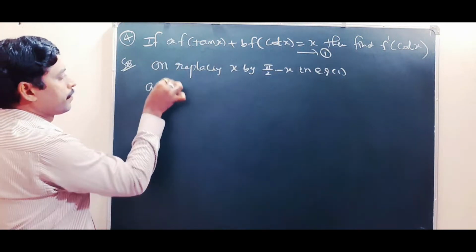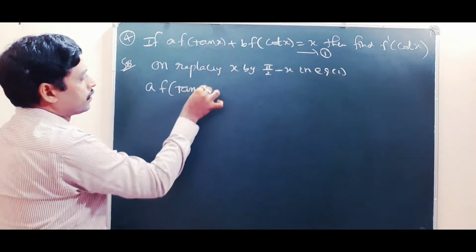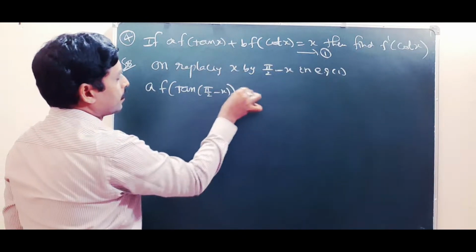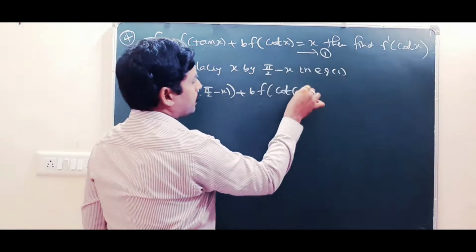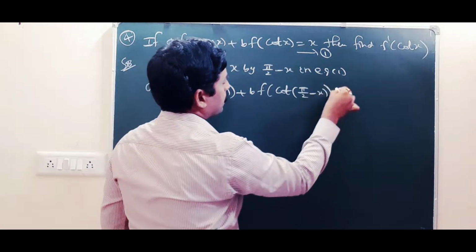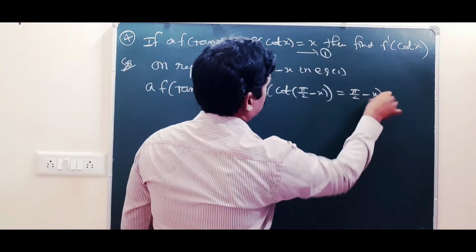So a into f of tan of 90 minus x plus b f of cot of 90 minus x, equal to pi by 2 minus x.